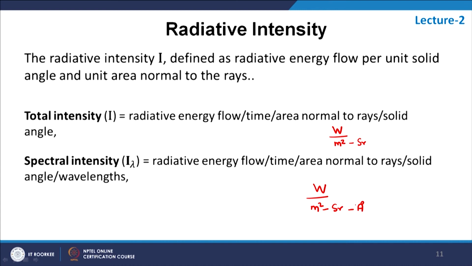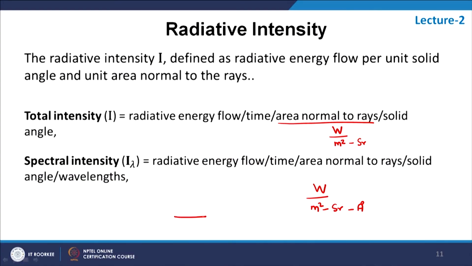Now, one thing you should remember is that when we talk about area normal to rays in the intensity, we are not talking about the area from which the radiation is emitted. We are talking about the area which is normal to the intensity. So, if you have this surface and it is emitting radiation in this solid angle, then we are talking about this area which is normal to the rays, not the area from which the energy is emitted.